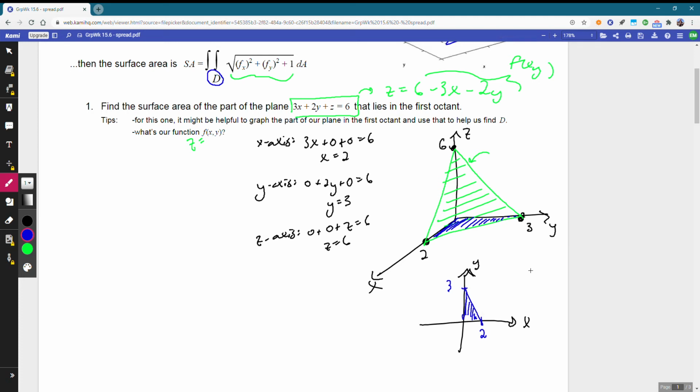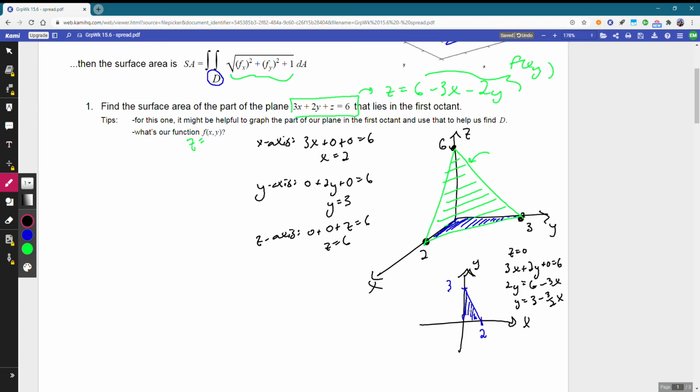Maybe let's see it from our plane. If we set z equal to 0 in our equation, then we'll have 3x plus 2y plus 0 equals 6. If we solve this for y, I get 2y equals 6 minus 3x, and dividing everything by 2, y equals 3 minus 3/2 x.